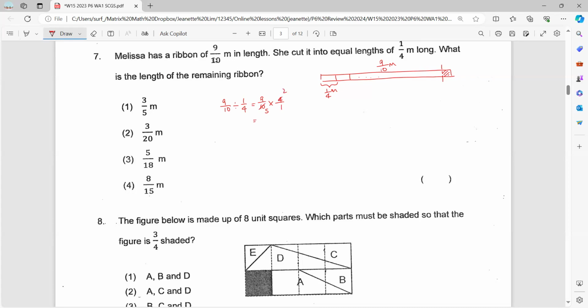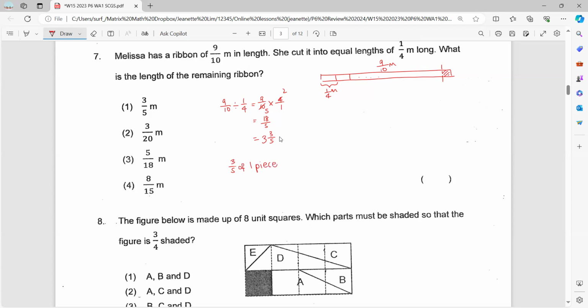So 18 over 5, which is 3 and 3/5. What this 3 and 3/5 means is that there are actually only 3 pieces, and then you have not 3/5 meters left, but 3/5 of one piece.